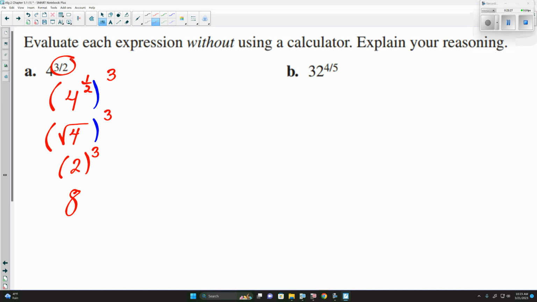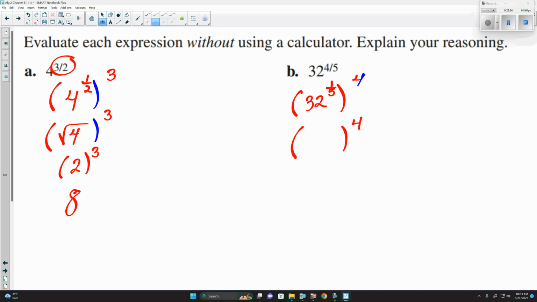So our next one, 32 to the 4/5. Is this number going to get bigger or smaller? Smaller. Now what we can look at is 32. We put 4 outside, and our number inside is going to be 1/5, because 4/5, we can break it up to 1/5 and 4.